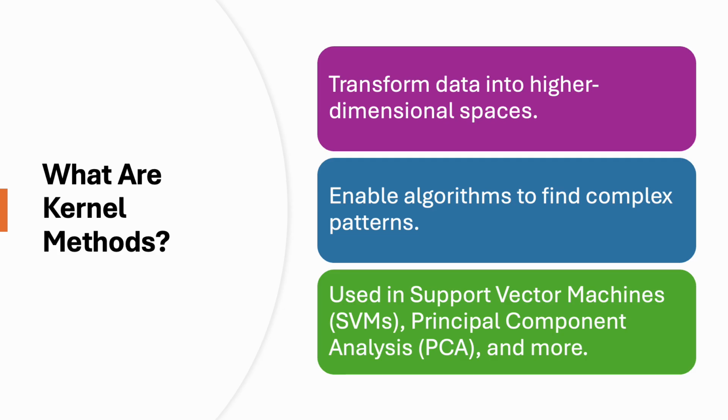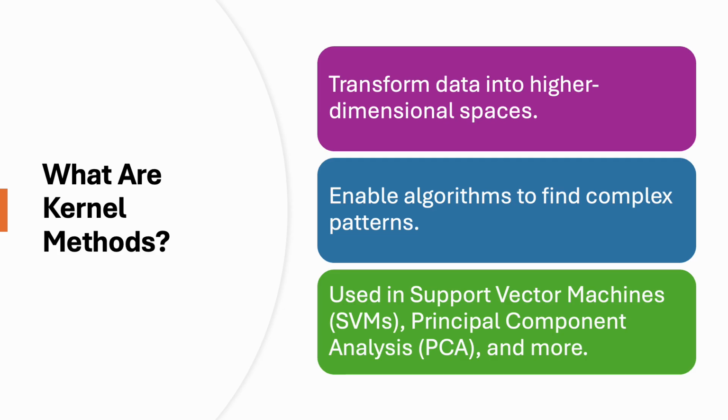Let's take robotics as an example. In robotics, kernel methods are often used to help robots learn from sensory data, like images or sensor readings. For example, suppose you have a robot arm that needs to classify different objects on a conveyor belt, like separating apples from oranges.